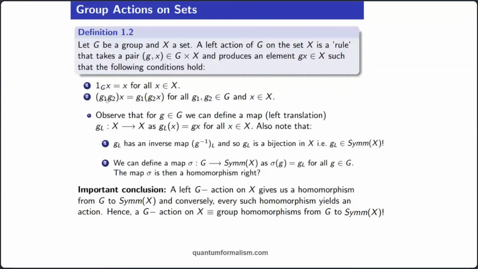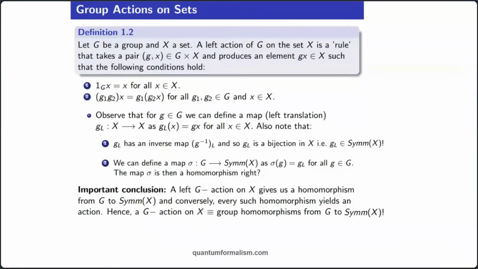And then you have this very nice associative condition here. Just notice the difference between these two operations: this one is happening in G, whereas this one here is the action. The same here, this is an action, but this other one is a group operation. So sorry, the other way around.